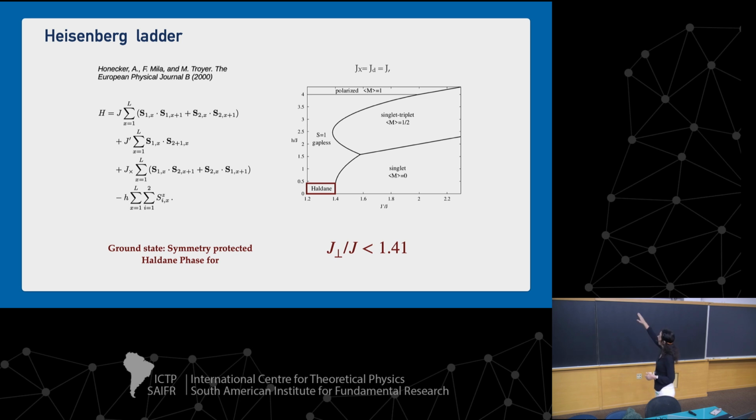And here, this group studied this chain which has exchange along the rungs, in the perpendicular and in the diagonal, and even a magnetic field. But even in the absence of the magnetic field H, when H is 0, there is a narrow region where we have a Haldane phase.